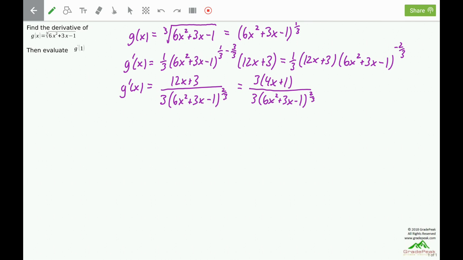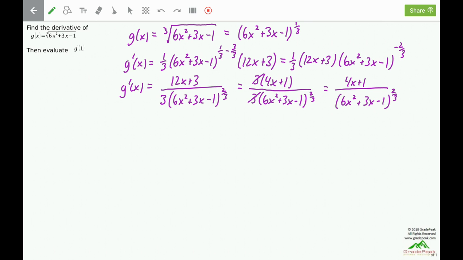Since these 3's have been factored and are now multiplying, they can cancel. And that will leave us with a derivative of 4x plus 1 over 6x squared plus 3x minus 1, the entire thing to the 2/3 power.